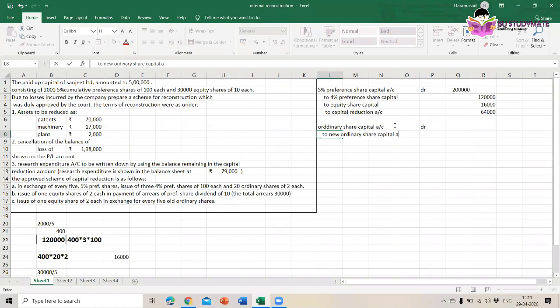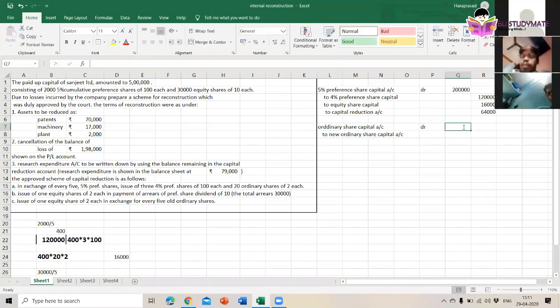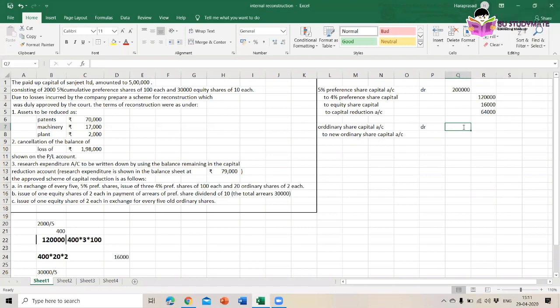That is how much? 3 lakh. And in the new ordinary share capital account, how much will it go? It will go to 12,000 rupees. Yesterday I solved you, 6,000 into 1 into 2.